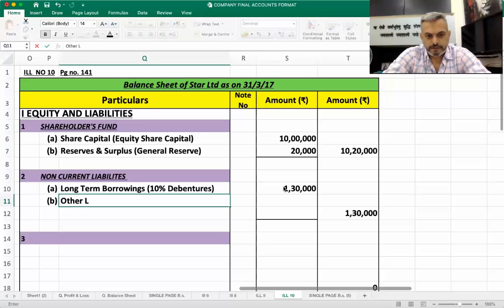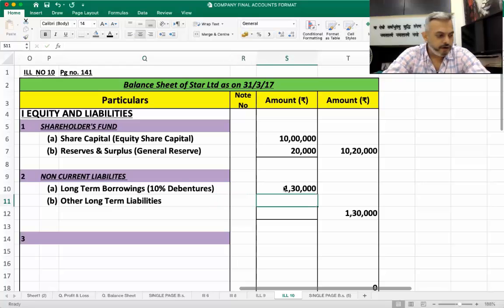Other long-term liabilities. Now in other long-term liabilities, we have premium on redemption of debentures and premium on redemption of preference shares, which we don't have over here. So dash.